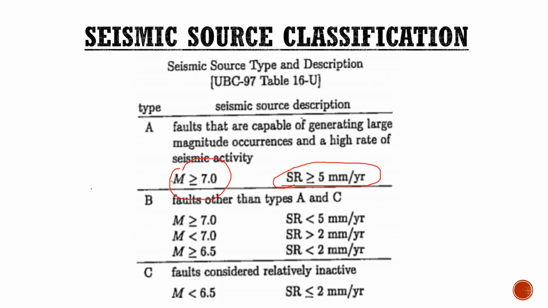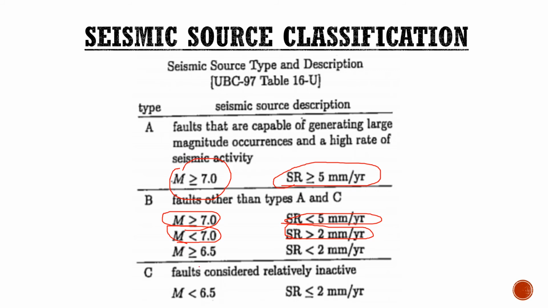Then faults other than type A and C. So I think this is in between 7 siguro. For example, kung nasa magnitude 7 pero ang slip rate niya is less than 5 mm, then mahulog siya sa B. Then what if ang slip rate is greater than 2 mm per year pero ang magnitude is less than 7, B gihapon.